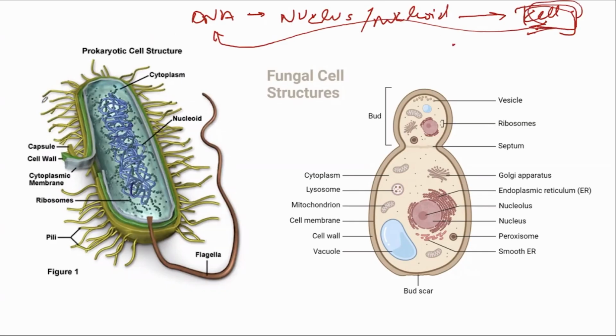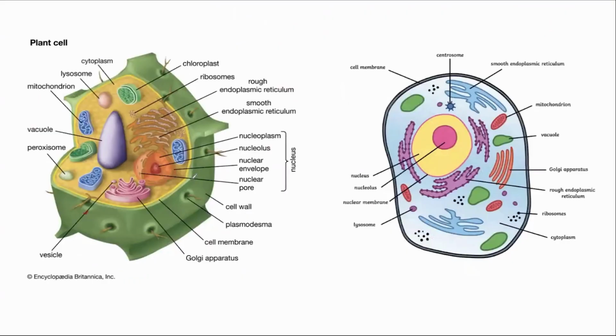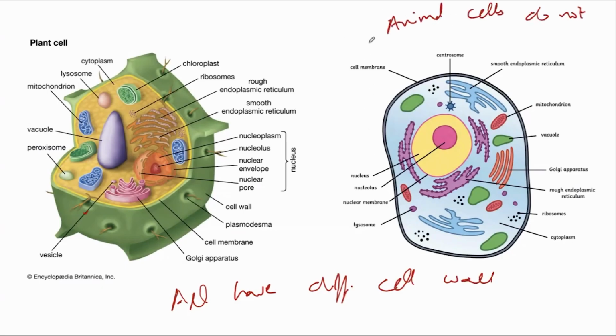Now, bacteria, fungi, plants, and animals all have different cell walls. Animal cells do not have a cell wall. They directly have the plasma membrane, right? They have only the cell membrane. They do not have a cell wall, so they can easily burst under abnormal friction.